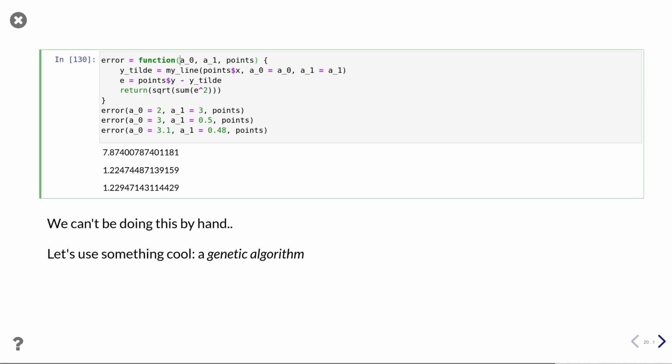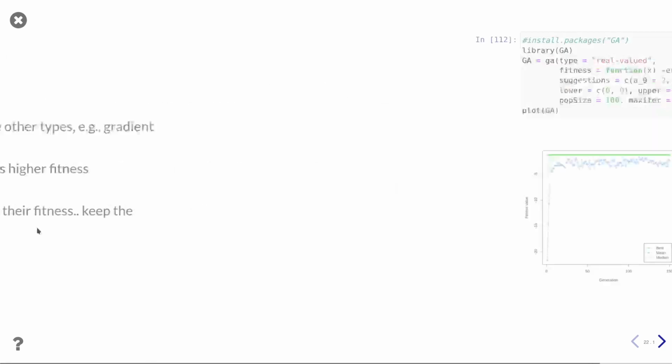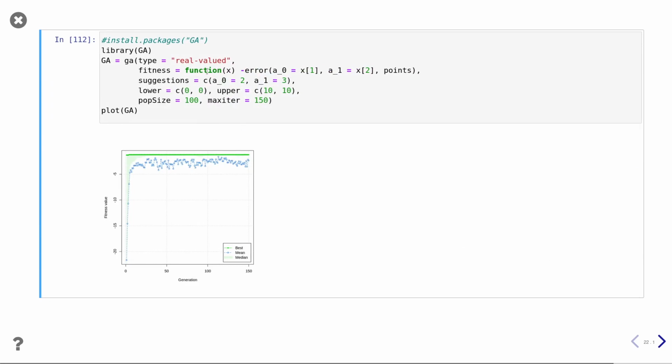But it's an argument, so we have to trick the function, and we do it this way. We say that the fitness is a function of x, and x here is what is going to vary. And so we say that A0 is going to be the first component of x, and A1 is the second component of x. So x is going to be a vector, and the entries in x that are varying are the genes, the components of the genes.